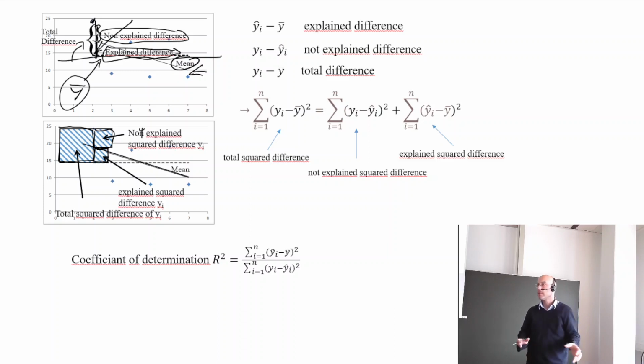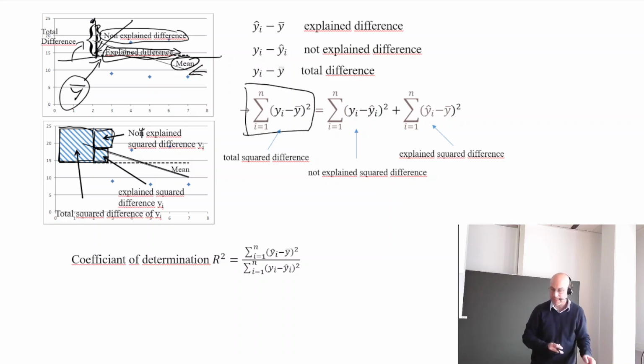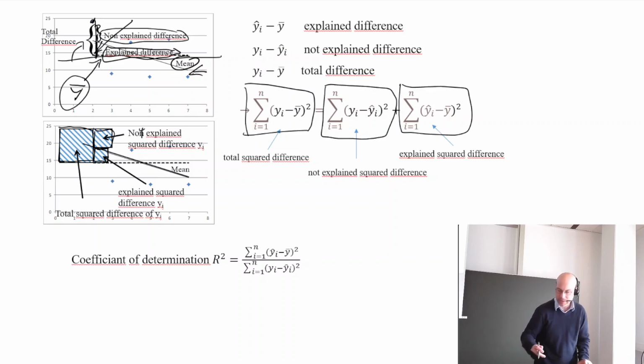And so we can divide the total sum of the squared distances into the sum of the not explained and the sum of the explained squared distances.